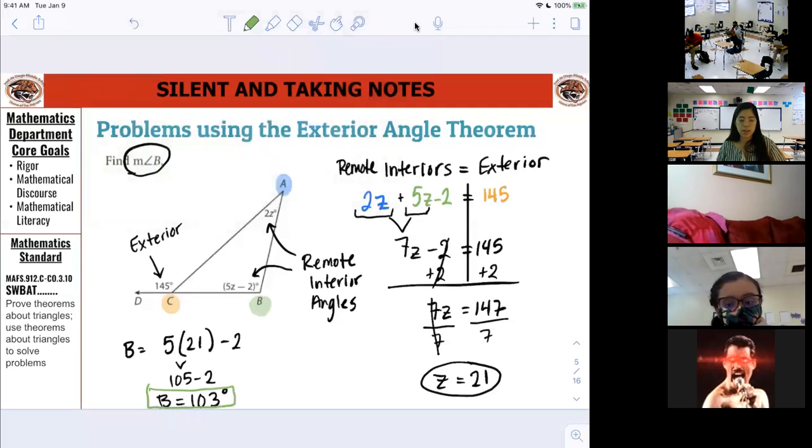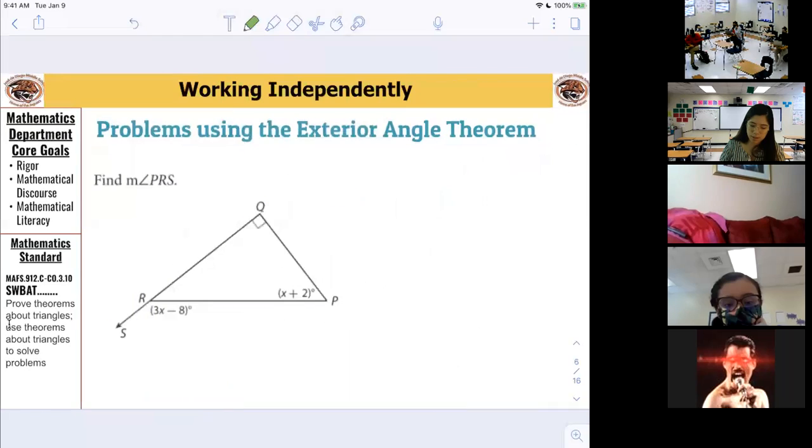Do I have any questions on this problem? Because we're about to do a very similar one and I want you guys to try that one on your own. All right, so next one, on your own, go ahead and take about 4 minutes to work this one out.